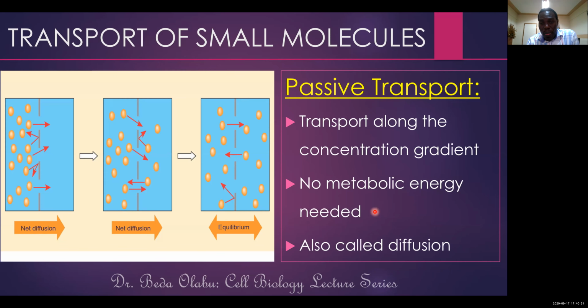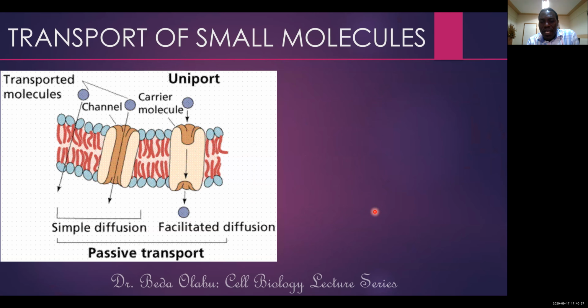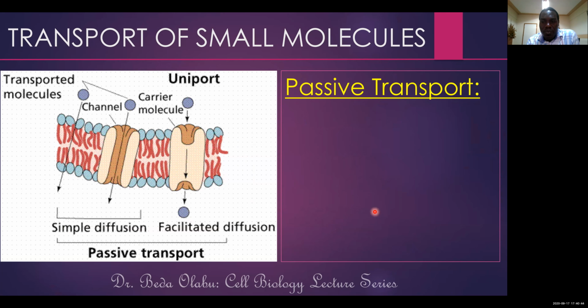But today, I want us to elaborate on this passive transport further and have a better understanding of the mechanisms present in passive transport. There are three forms of passive transport. The first is what we call simple diffusion. This is what you learned in high school. If you remember that definition, just put it here.